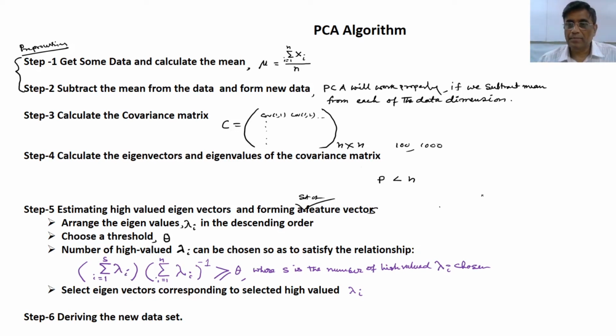Now I am selecting the vectors because this is convenient for me. Say I am trying to find the image of a face.